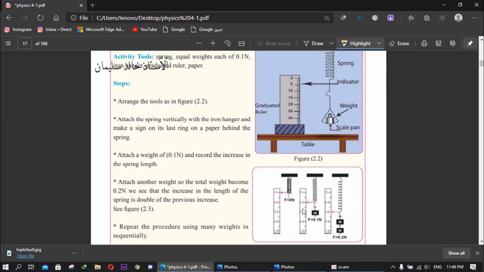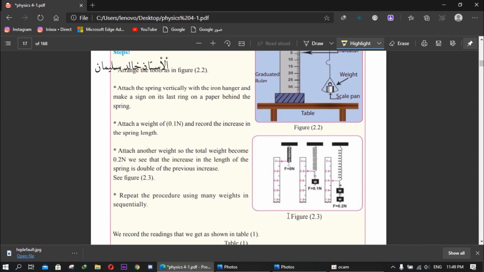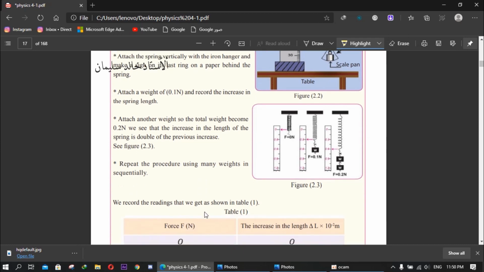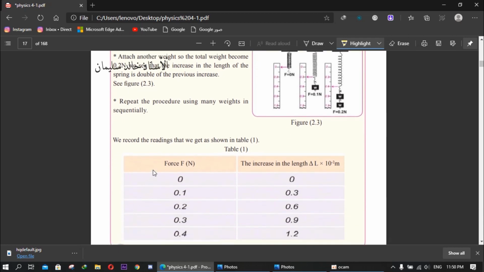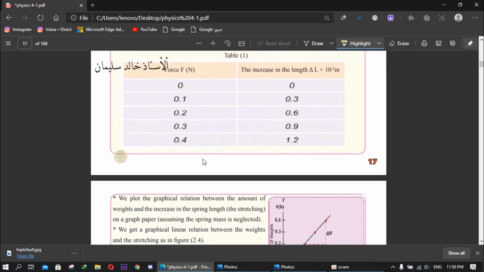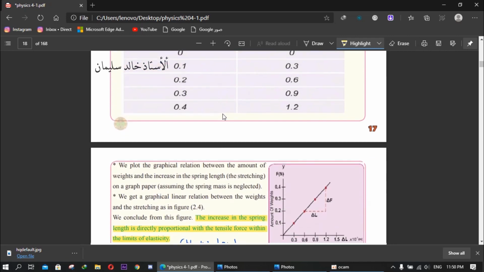See this figure. We see that when we increase the weight, the length of the spring increases. Repeat the procedure using many weights sequentially. We record the readings, then we plot these readings.